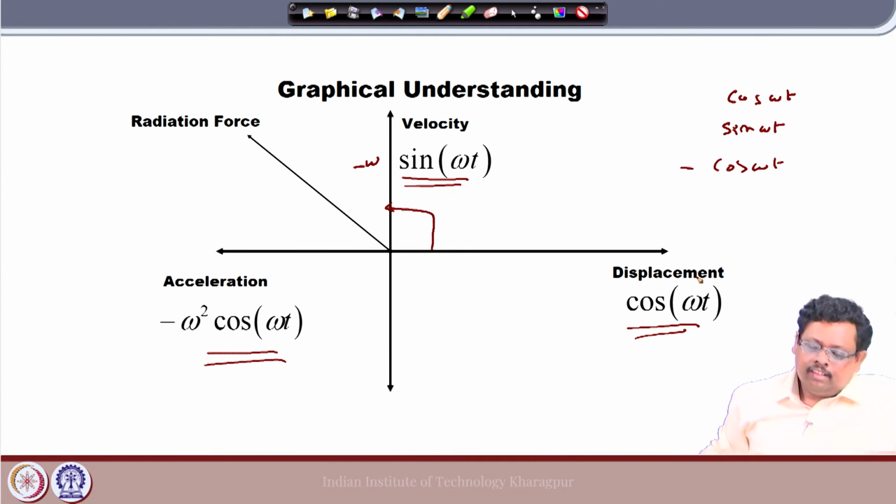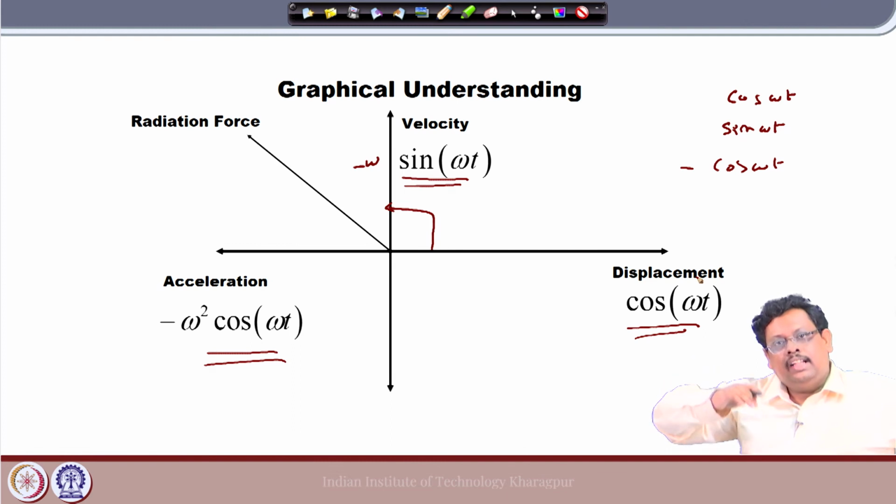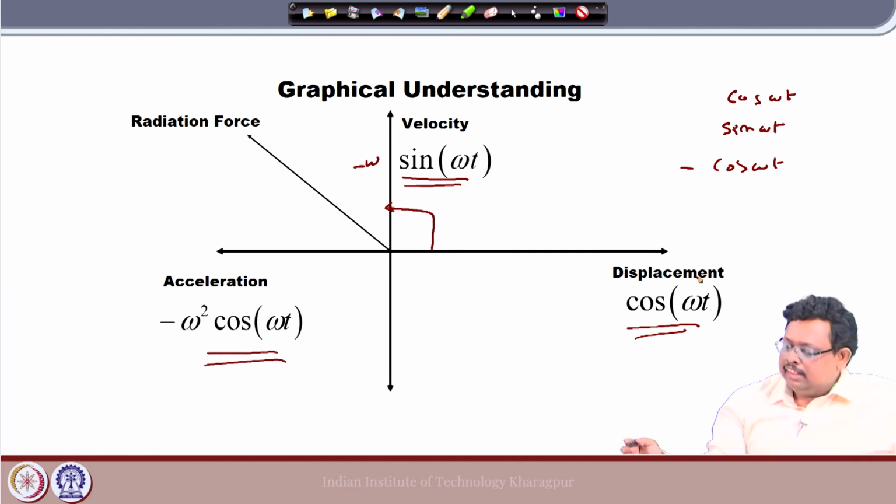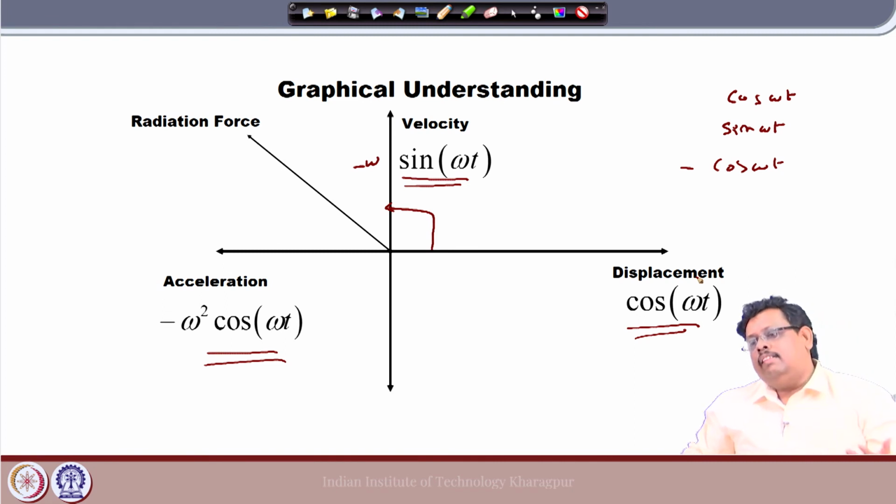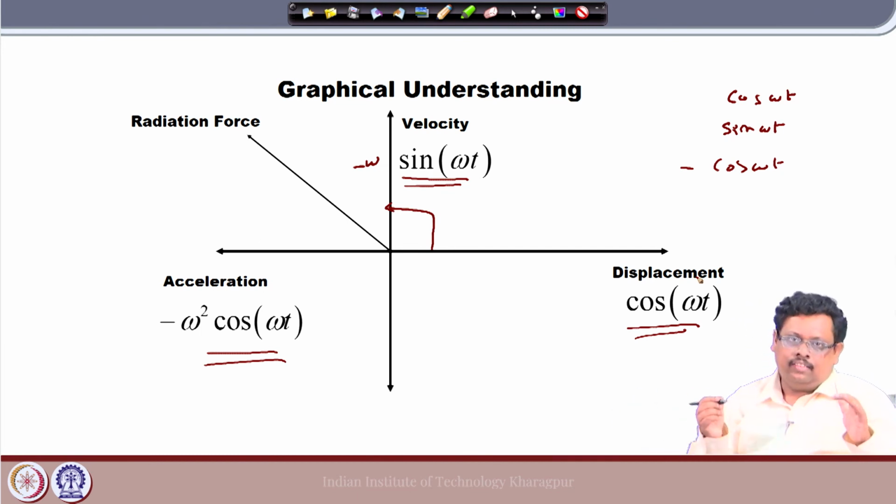However, what is the meaning of the radiation force? The body is oscillating, and as I said in my previous slide, when the ship starts oscillating, it creates waves, and these waves are called the radiated waves.